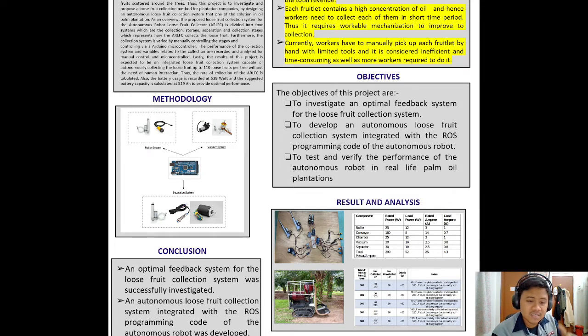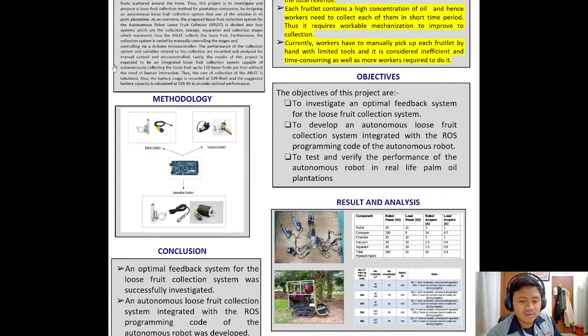Thus, it sends a signal back to the linear actuator, telling it to raise the roller. Vice versa when the IR sensors detect that the roller is too far away from the ground. This closed loop system is key to creating an automatic system for efficiently collecting the loose fruits.